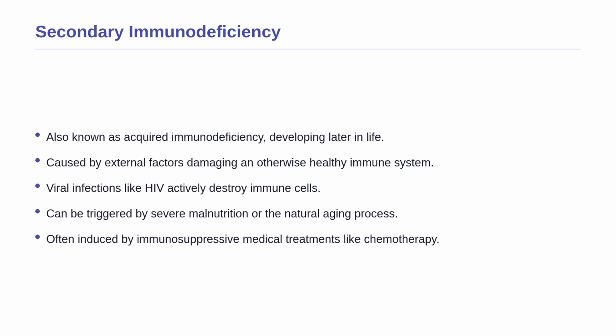However, secondary immunodeficiency can also be caused by severe malnutrition, the natural aging process, or even medical treatments. For instance, chemotherapy used to treat cancer often suppresses the immune system as a side effect, temporarily leaving the patient in an immunodeficient state.